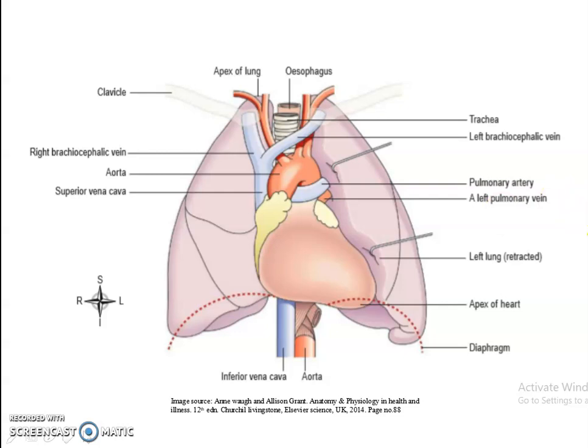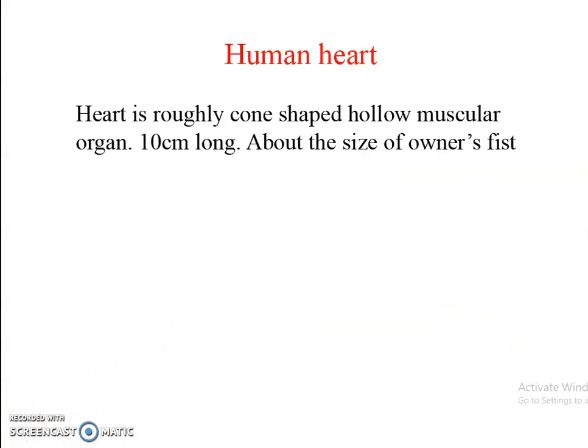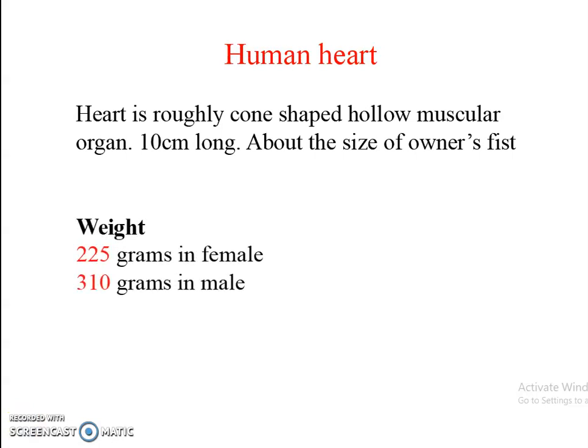So let us discuss the size, shape and normal weight of the human heart. The human heart is a roughly cone-shaped hollow muscular organ.